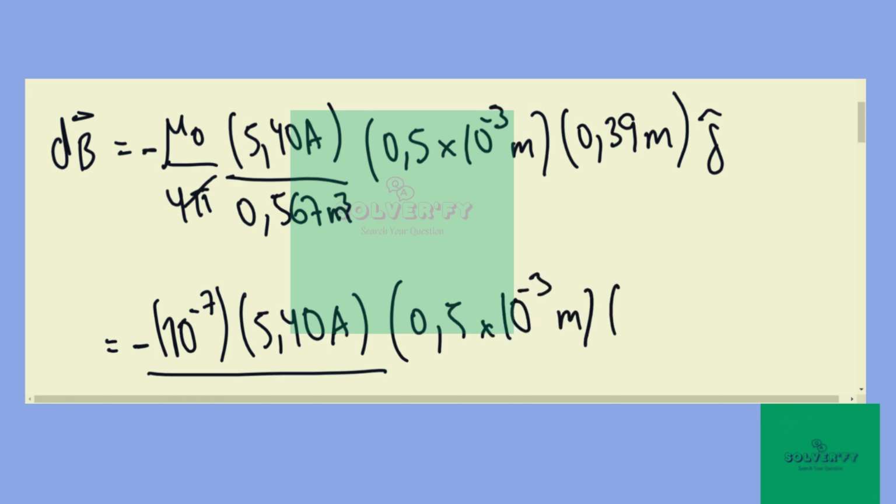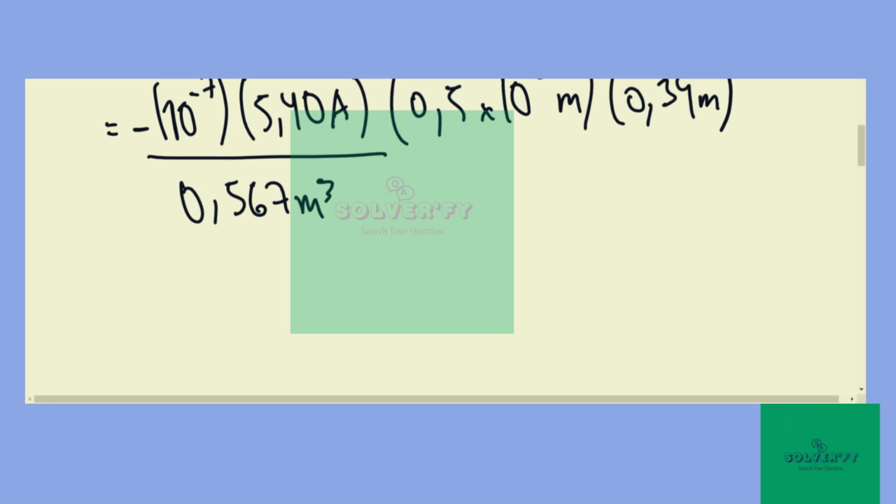So plugging all of this into the calculator, we obtain a value of 1.857 times 10 to the minus 10 Tesla in the j direction.